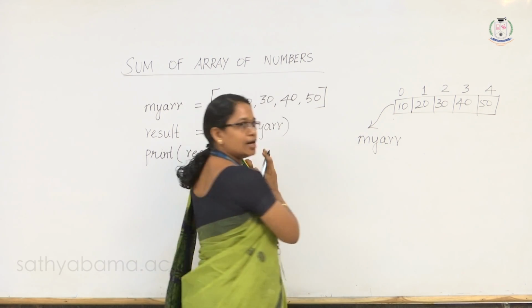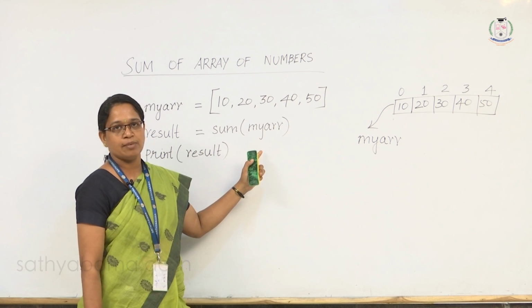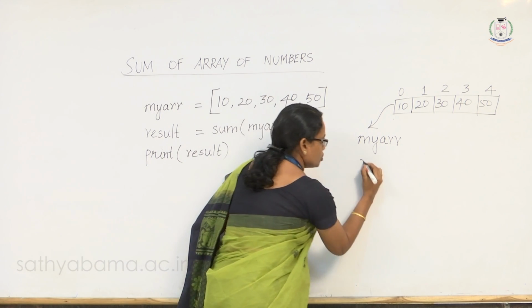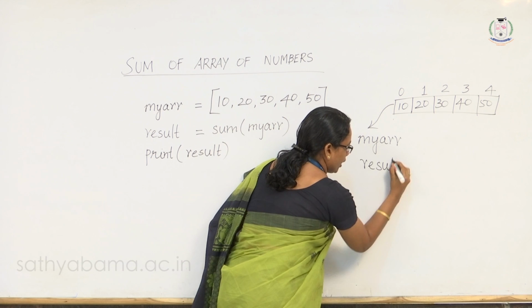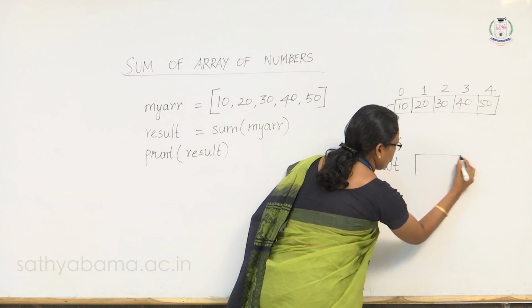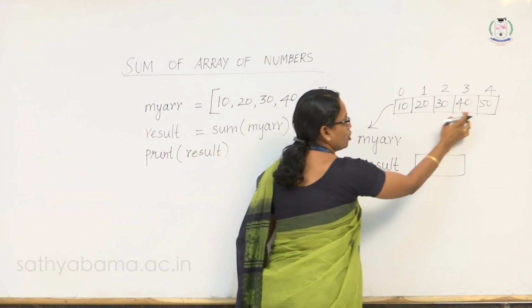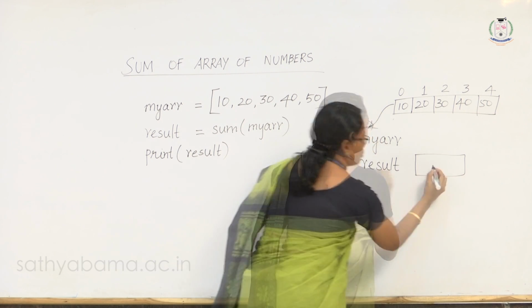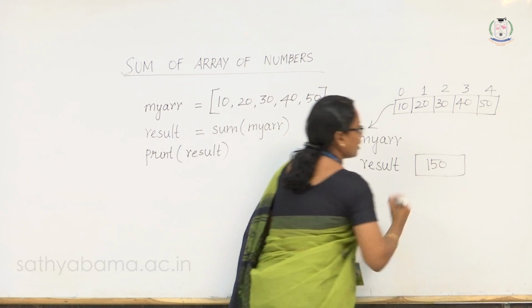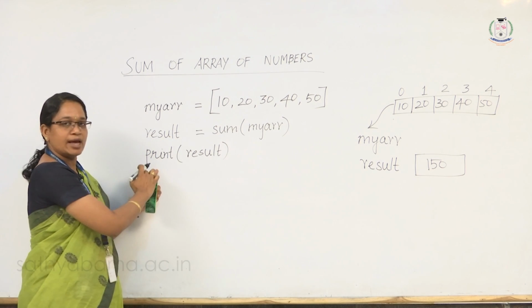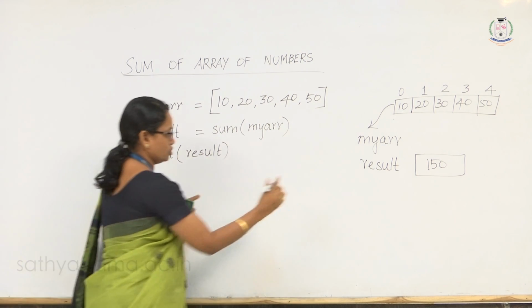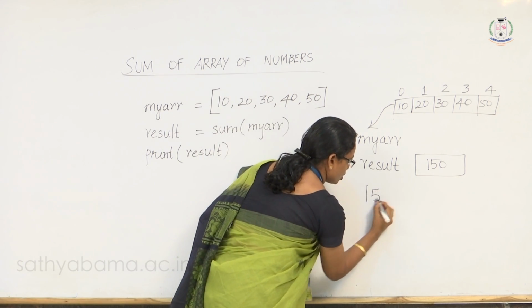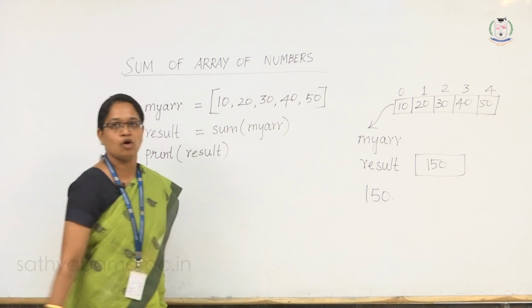The result is assigned to another variable called result. In the variable result we have the sum of the list of the given numbers, so it will be 150. In the next line we are printing the result. The result will be printed as 150. This will be the output.